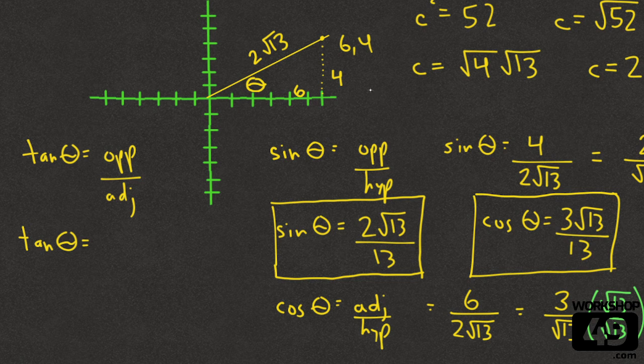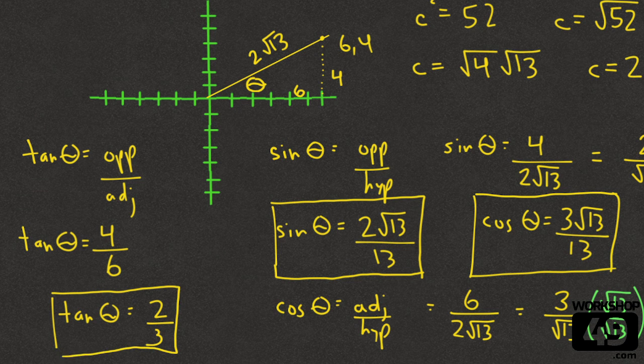Tan of theta is equal to our opposite side, 4, over our adjacent side, 6, and I would ask you all, is this reducible? 4 over 6 is in fact reducible, and we're left with tan of theta equals 2/3. Thanks, tan, for being nice on us so that we could finish this problem.